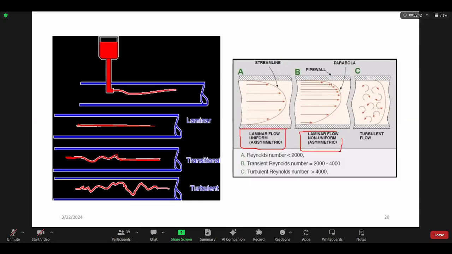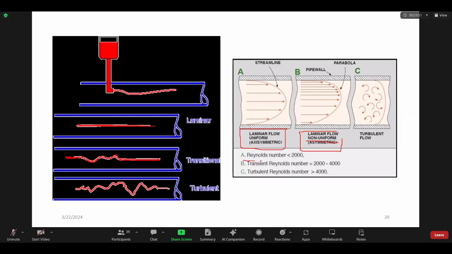The velocity in this area is greater than in figure A. Then turbulent flow: this type of fluid motion is very different, and the fluid particles are moving in different ways.